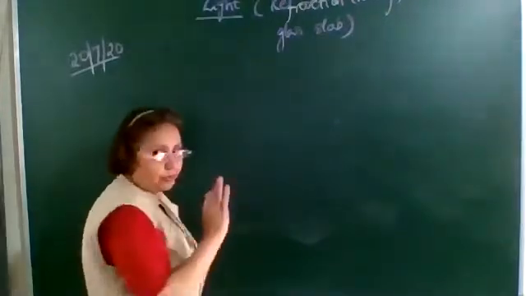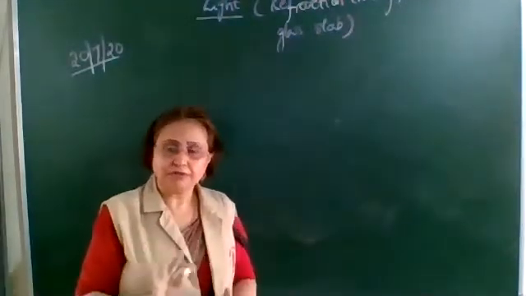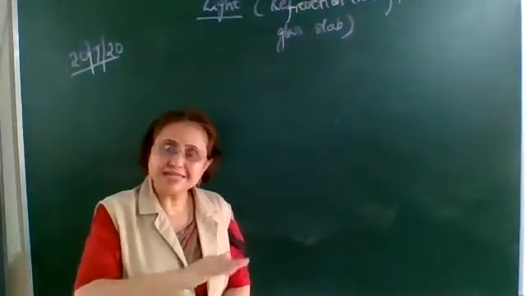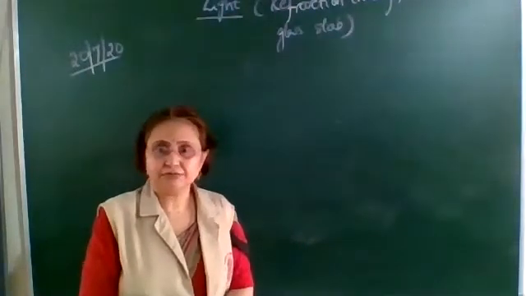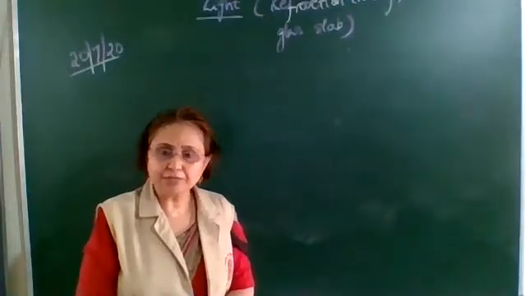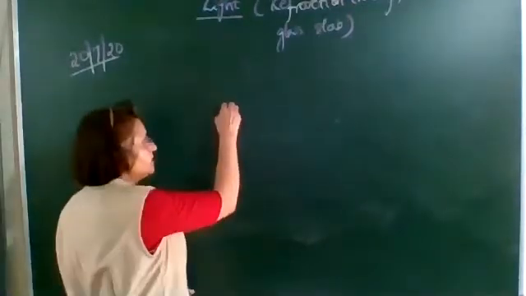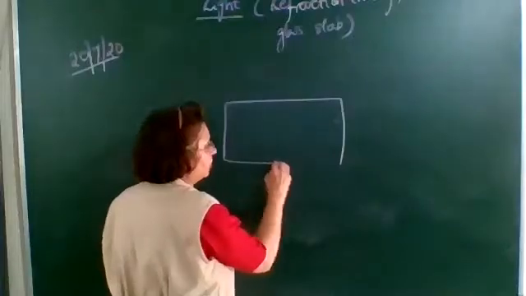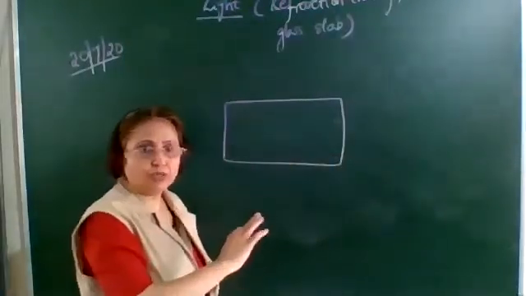So what we do, on a wooden board, try to understand the experiment. On a wooden board, a white sheet of paper is kept. Very simple, you will get a wooden board in the lab. On that wooden board, you have to keep a white sheet of paper and fix it.